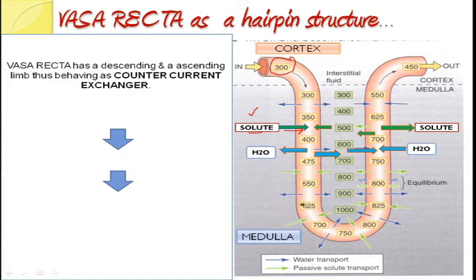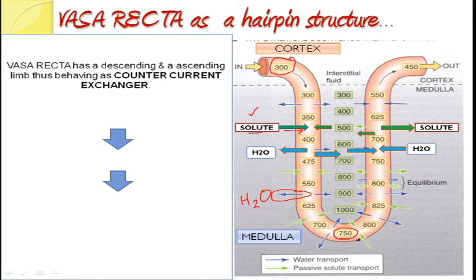On the other hand, there is continuous movement of water out of the vasa recta because of its permeability to solutes as well as to water. So by the time the vasa recta reaches deep into the medulla, it has collected a lot of solutes in the blood, and the osmolarity rises to around 750 milliosmoles.